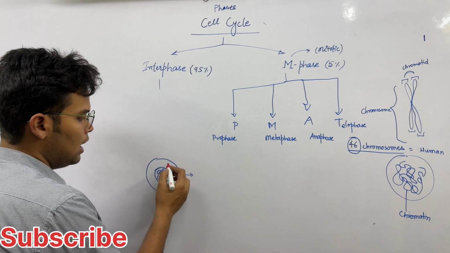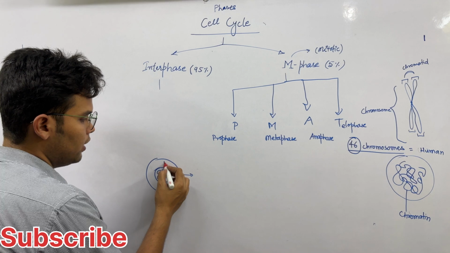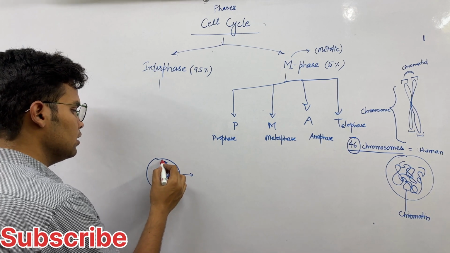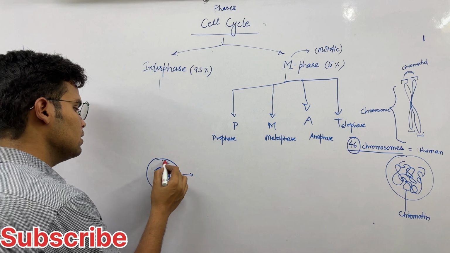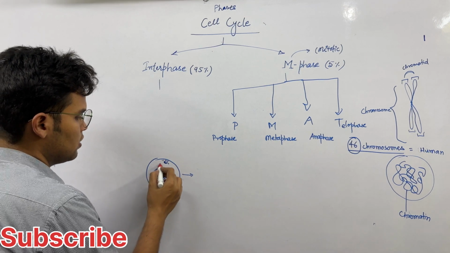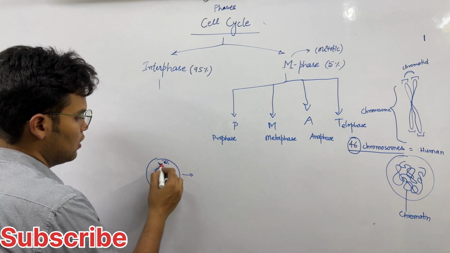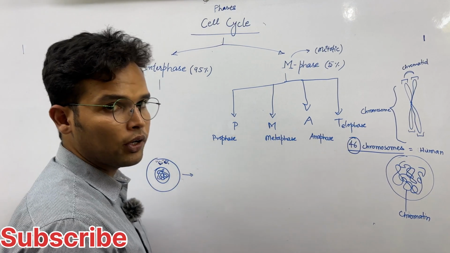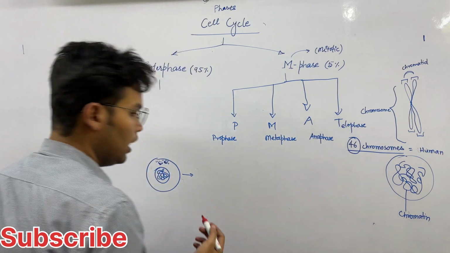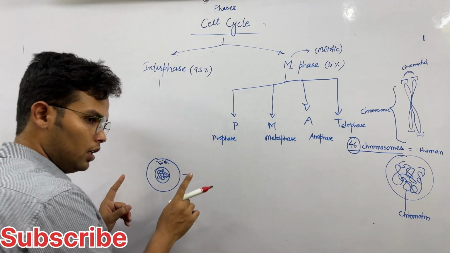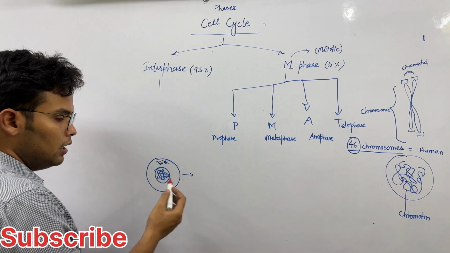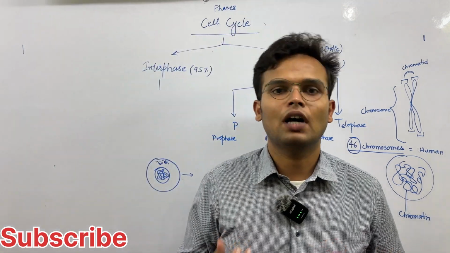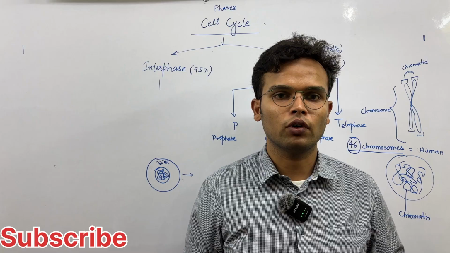And in the cytoplasm, we know there is a specific cell organelle that leads to the cell division process, that is the centrosome. This centrosome will divide into centrioles and move to the 2 poles and lead to the formation of specific spindle fibers, which are also made up of tubulin protein.